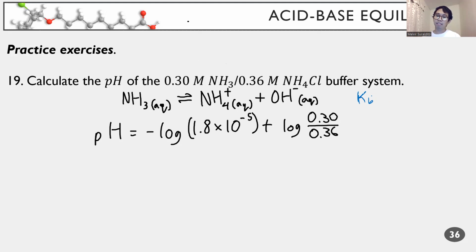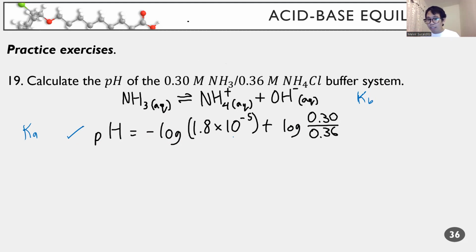Right. Kb is used in that case, which is the reverse of the Henderson-Hasselbalch equation. Remember this equation came from the Ka expression, and for this expression, pH is equal to pKa.